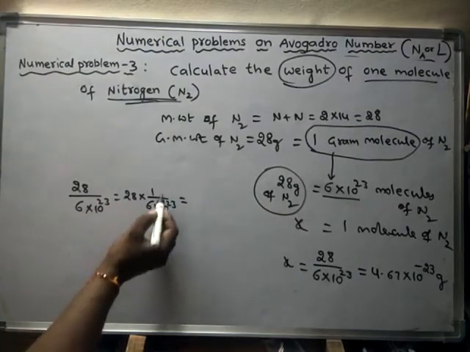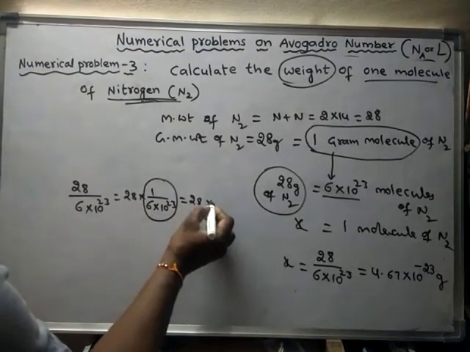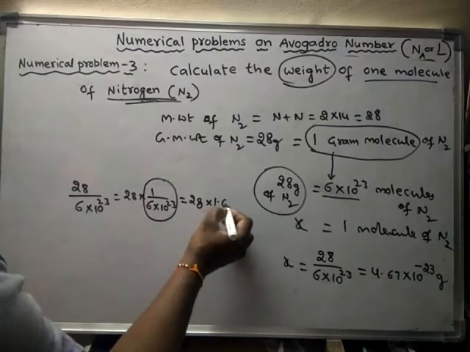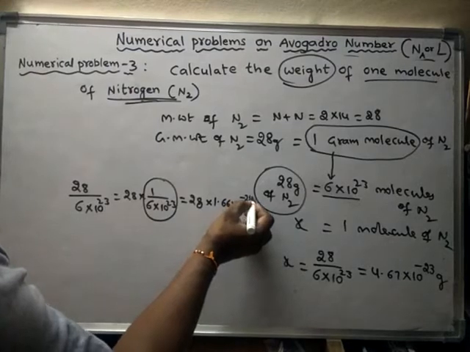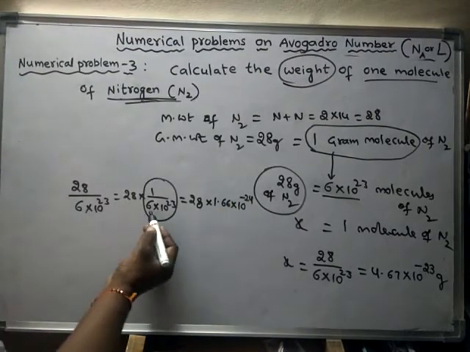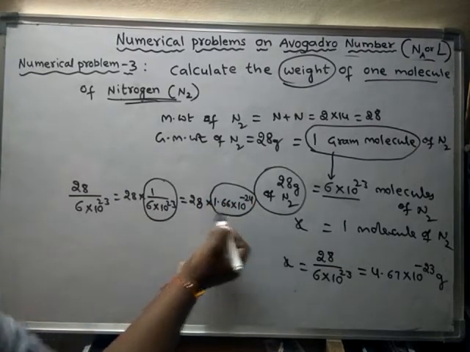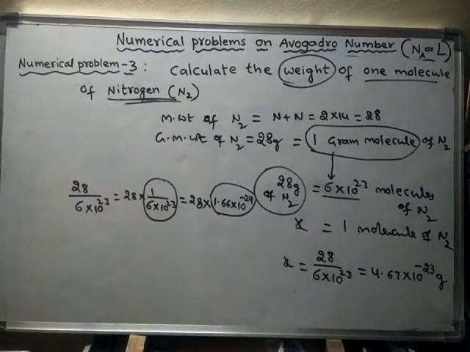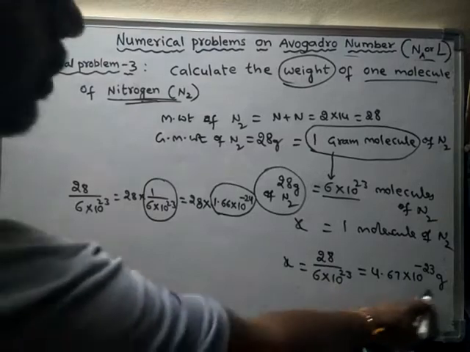This value will be approximately equal to 1.66 into 10 to the power of minus 24. So 1 by Avogadro number is equal to this value. 28 multiplied with this one, finally you will get the same answer.